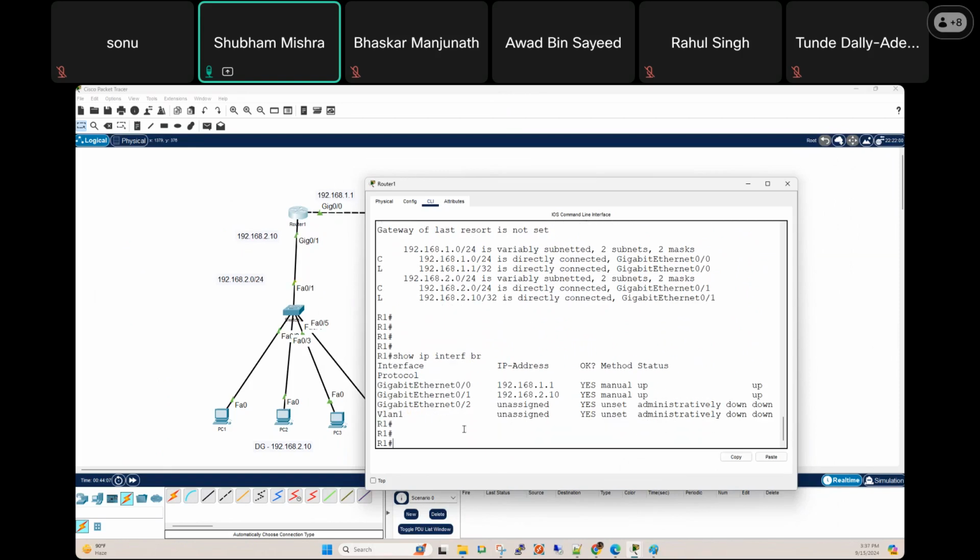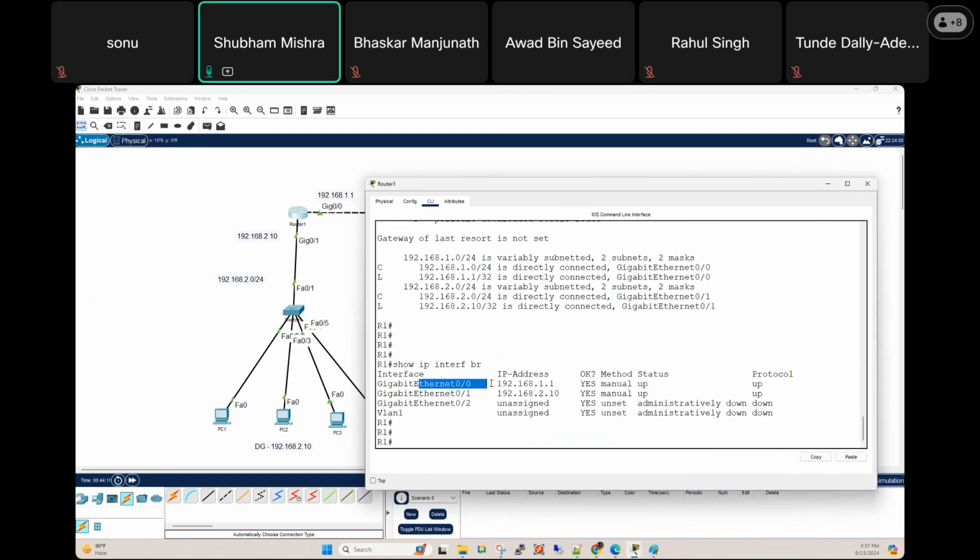You can check the interface status like this. On gig 0/0, what is the IP address I assigned, guys? 192.168.1.1, and on 0/1, 2.10. The method is manual, status is up, protocol is also up. Done, everyone?